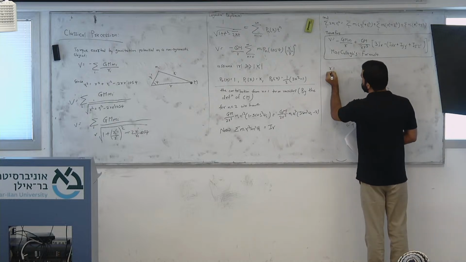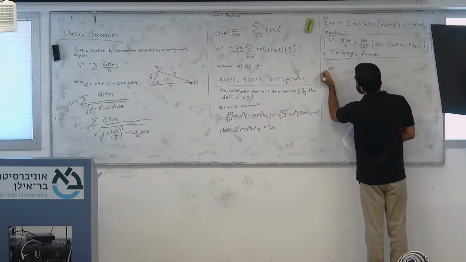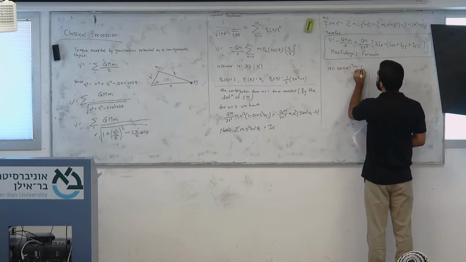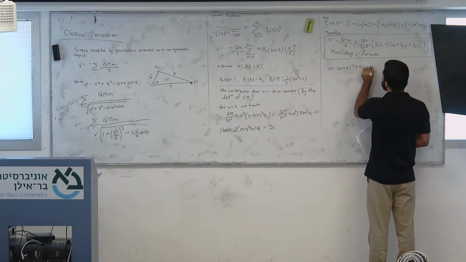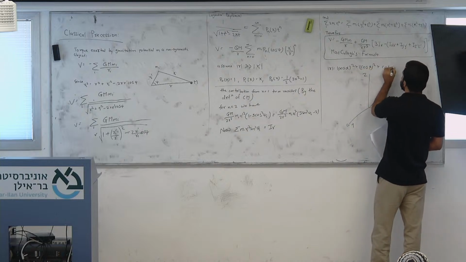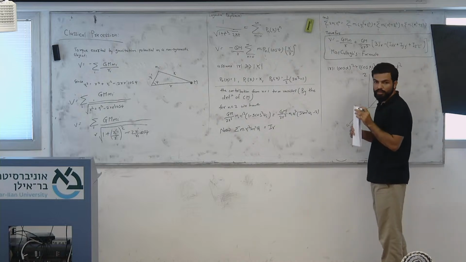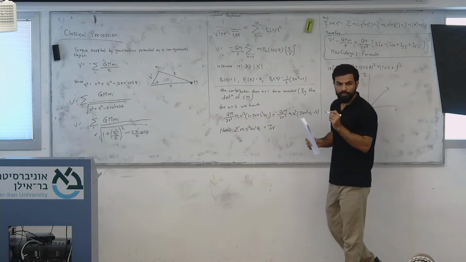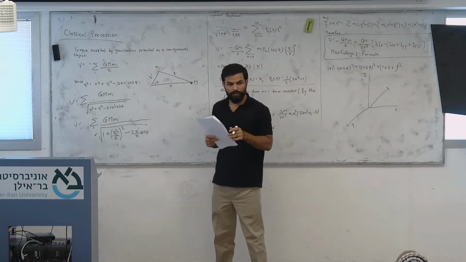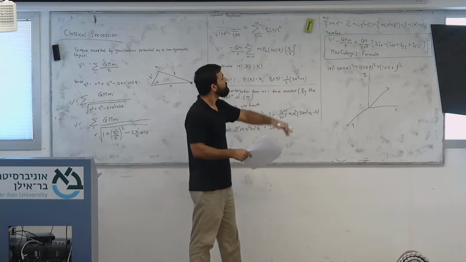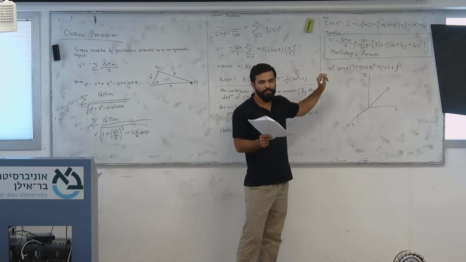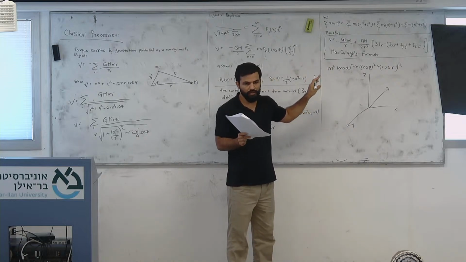I can write magnitude maybe, cos of alpha the whole square, just considering the magnitude of the unit vector in here.